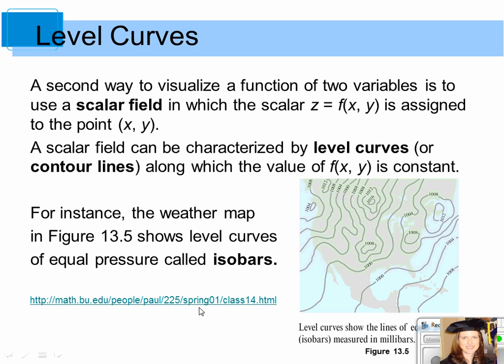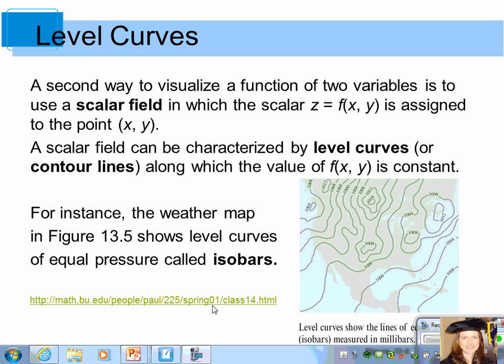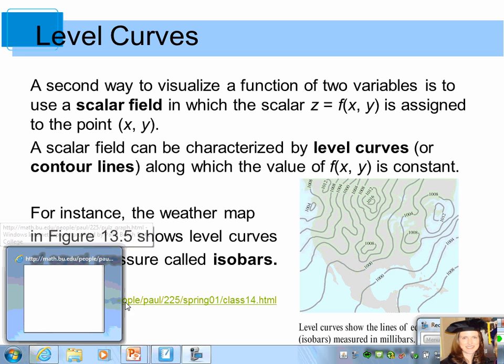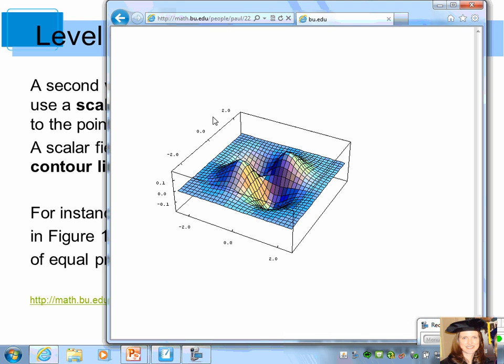Here's an example I'd like to show you. Now if we click on this link, we get some options here. What we have here is a graph of a function of two variables. It's a surface, and unless you're using technology, this will be very difficult to do by hand.